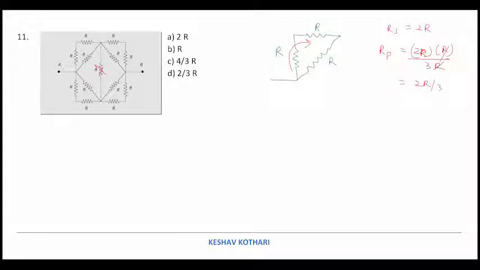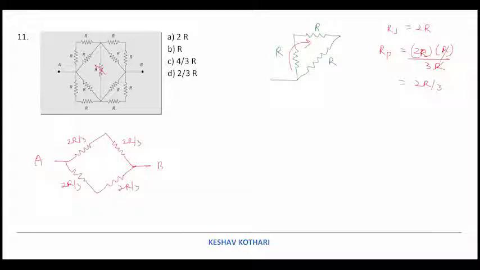So we can redraw this circuit in this way: this is 2R by 3 followed by another 2R by 3, and the lower segment is the same set of resistances. So 2R by 3, 2R by 3, 2R by 3, 2R by 3. This is A and this is B.